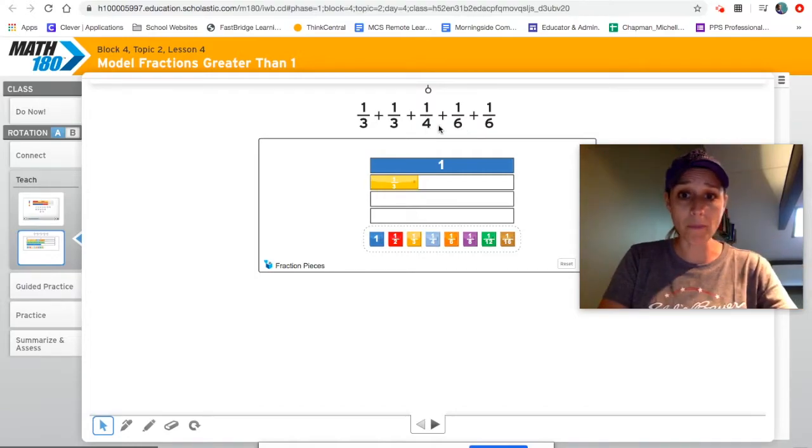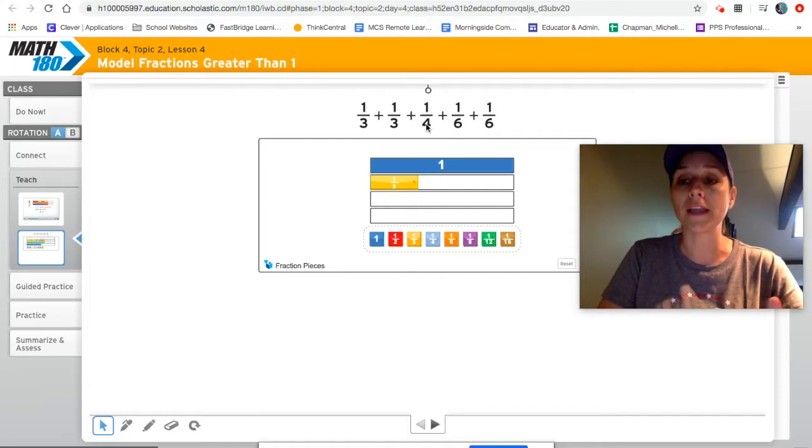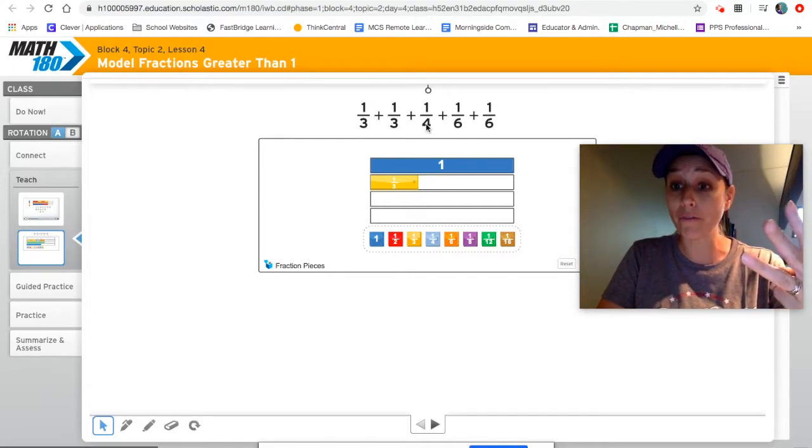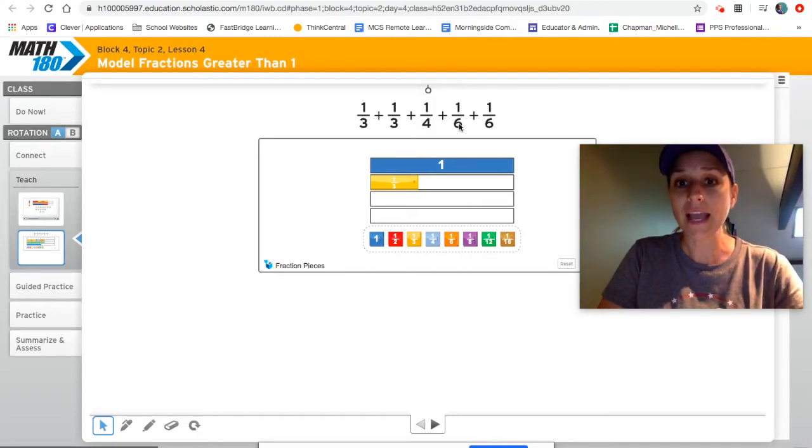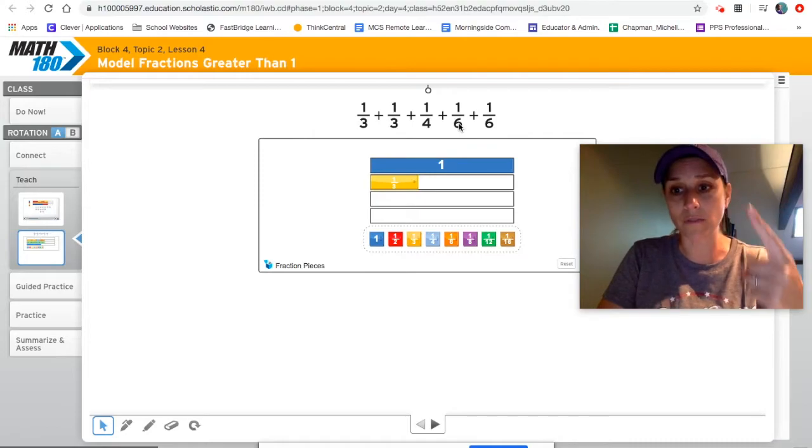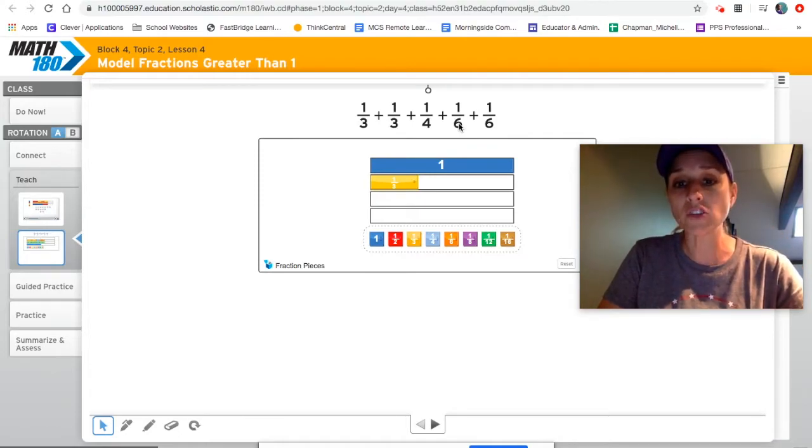But if I count by 4s, I can count 4, 8, 12. I can also count by 3s to get to 12: 3, 6, 9, 12. And I can count by 6s to get to 12: 6, 12, which makes 12 my common denominator.